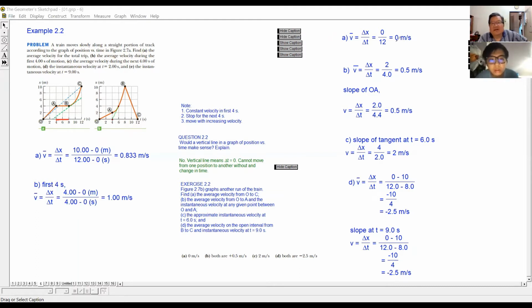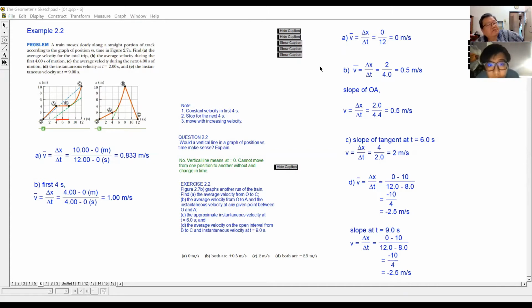Now for this part of the journey, what is the delta x over delta t? Because you want to find the average velocity. Delta x will be 4 minus 4.